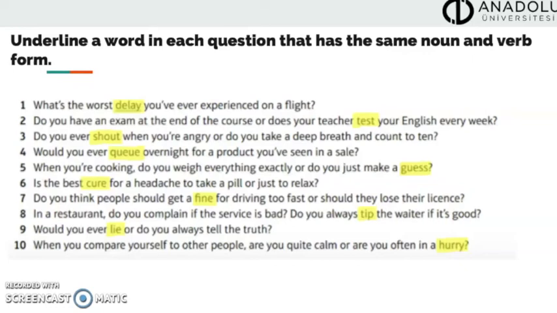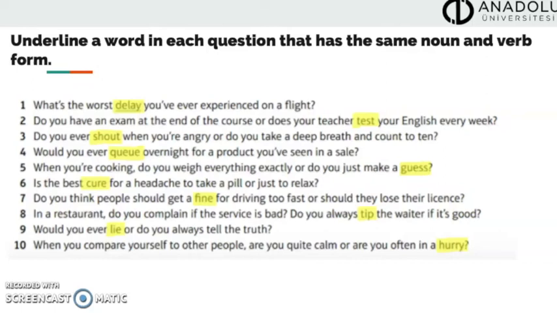Number 4. Would you ever queue overnight for a product you've seen in a sale? The word queue is a verb here, but its noun form is the same. Number 5. When you're cooking, do you weigh everything exactly, or do you just make a guess?